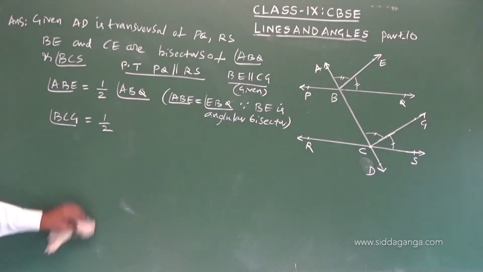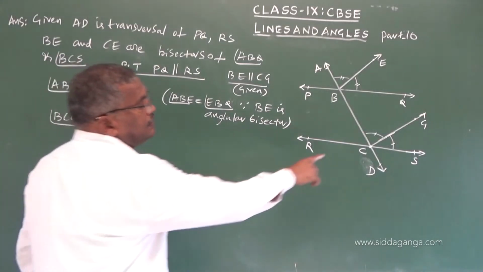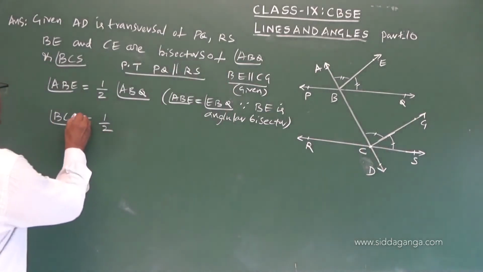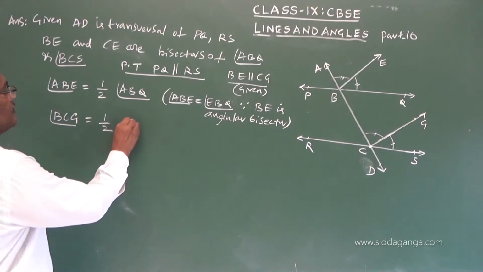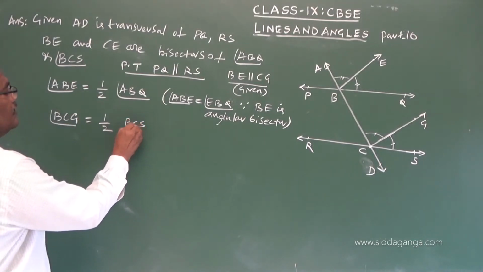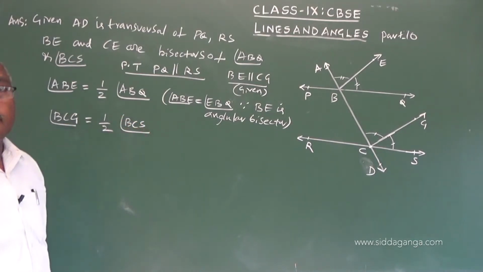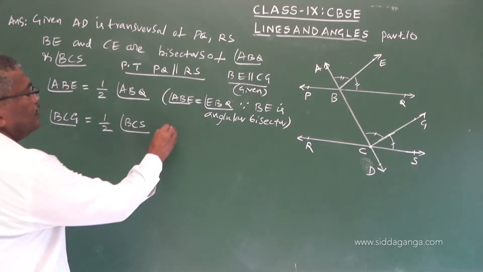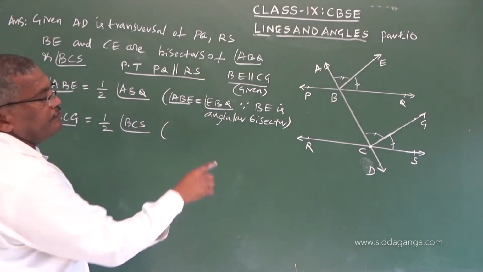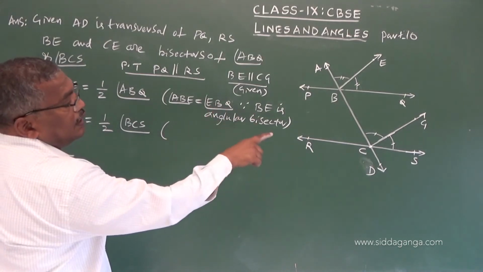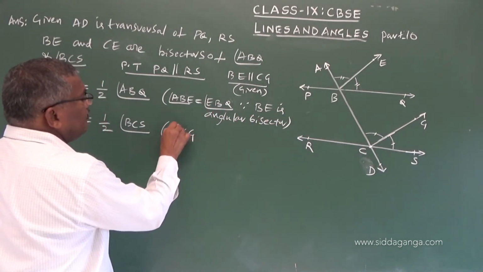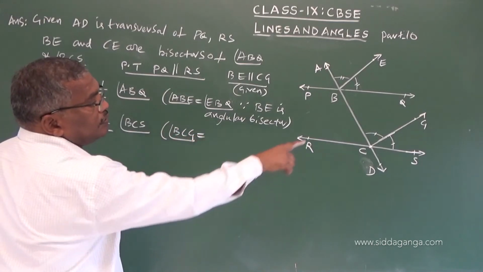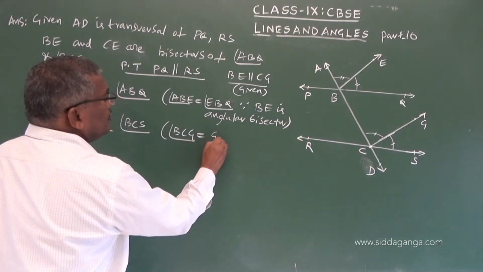So similarly, BCG will be equal to half of BCS. The reason is the same. BCG is equal to GCS.